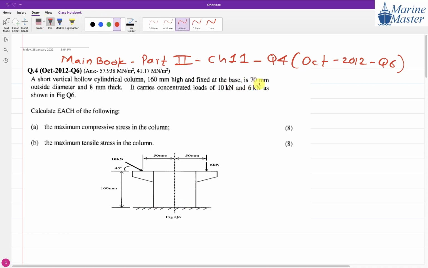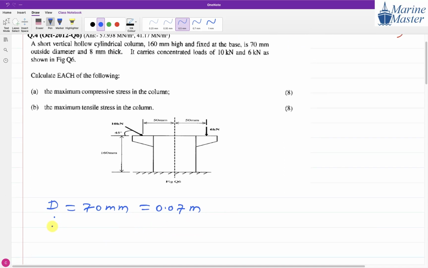They are saying 70 mm outside dia. So capital D is 70 mm, which means 0.07 meter, the outside dia. And the thickness is 8 mm.